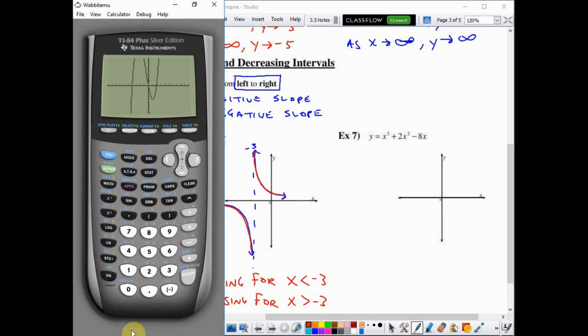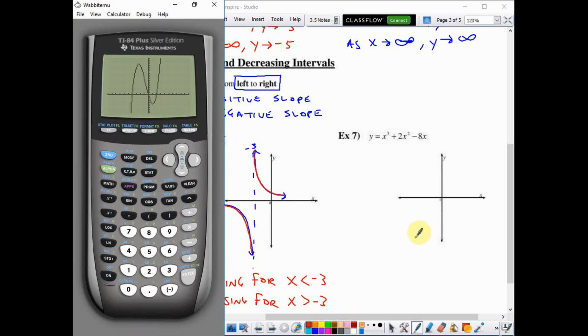All right, so we're going to have a little bit of an issue here because this graph, the function actually goes off the window that I have. So I need to go to Window and go down to my y maximum. And let's try 20. Now I can see everything I need to see.